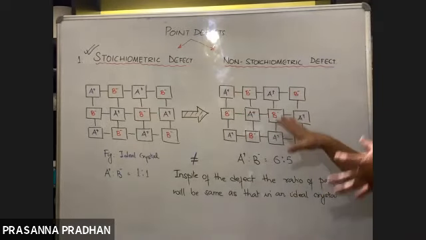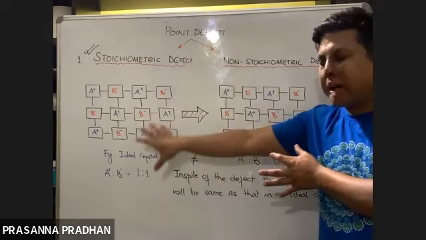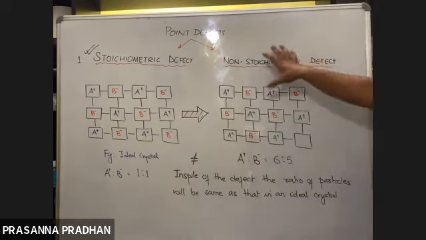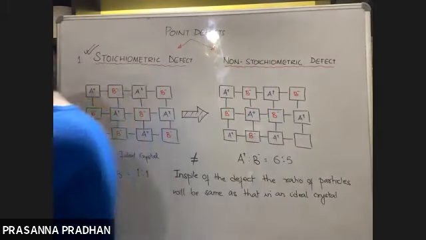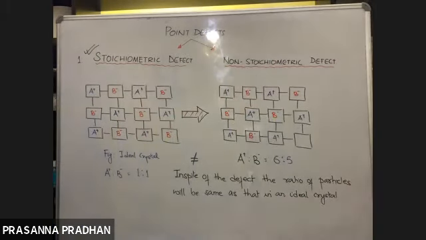But because of the defect, if the ratio is not the same as that of an ideal crystal, this comes under non-stoichiometric defect. Okay. So I'm not writing the definition of non-stoichiometric. I hope you all can write it on your own. ना लिख सकते हो? Yes, sir.